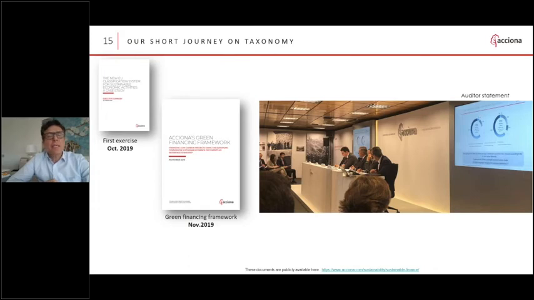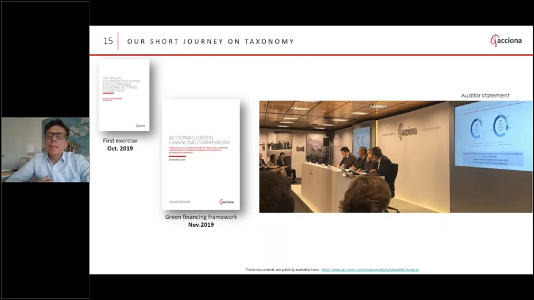We made our first exercise in October 19 with the first draft, and we repeated it with this draft. We considered it interesting to redefine our green financing framework, and we developed again the same exercise.